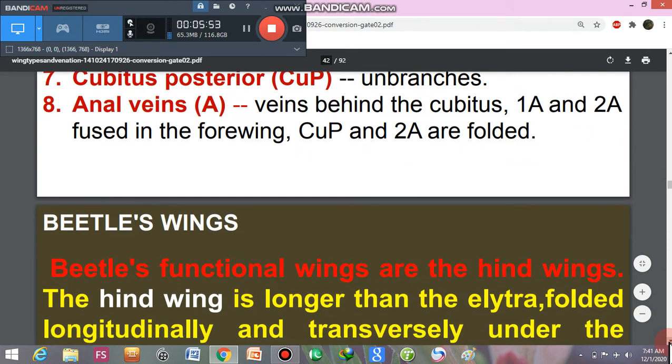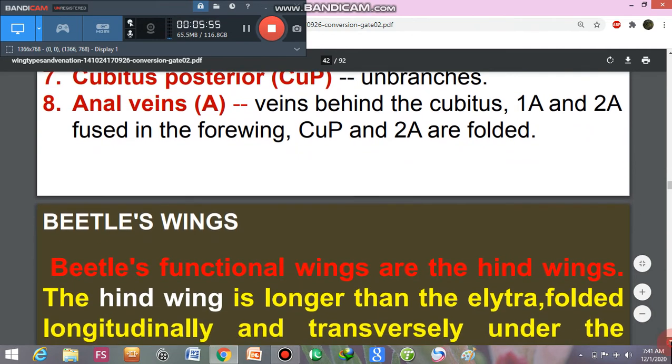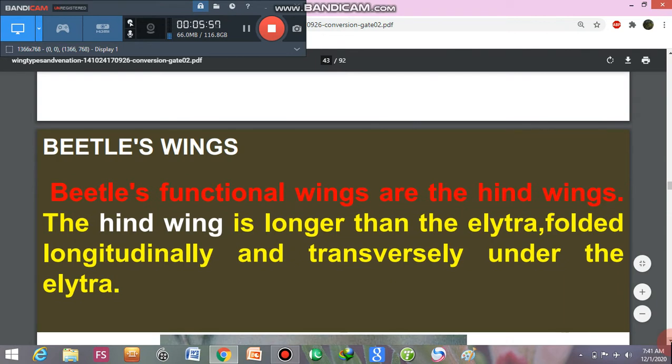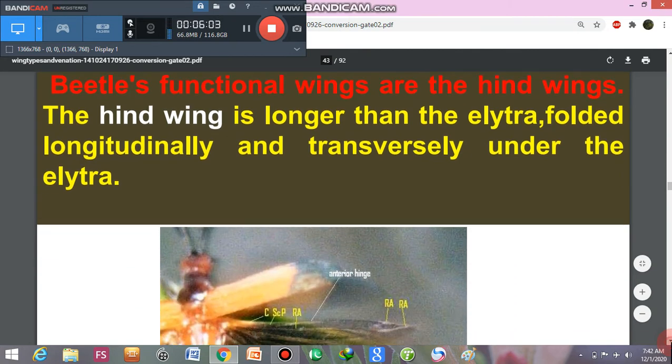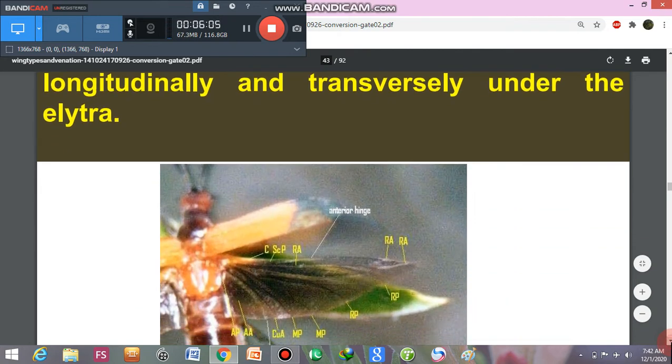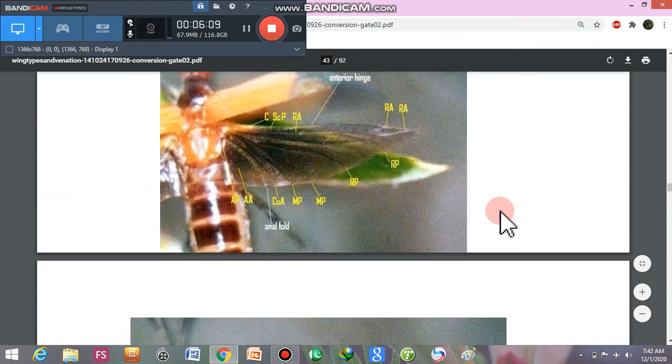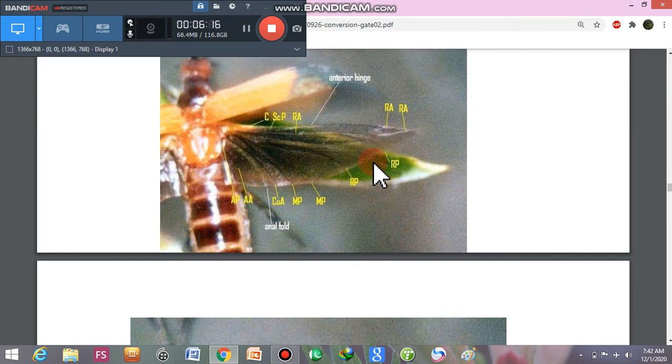Beetle wings. The functional wings of the beetle are the hind wings. The anterior wings are modified into the elytra. These are hard structures. They don't have any kind of venation. Here you can see the functional wing venation of beetles.